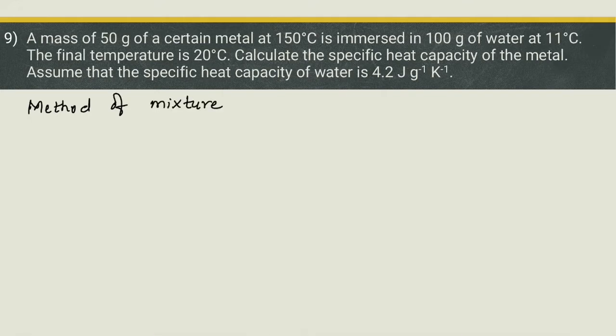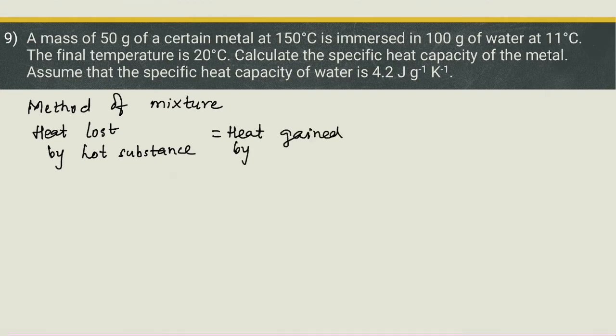What is the principle of method of mixture? It says that heat lost by hot substance is equal to heat gained by cold substance. But there is a condition. What is the condition?